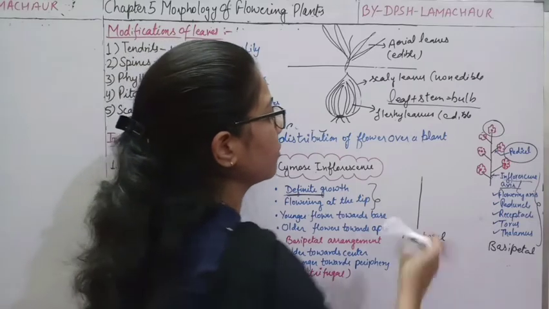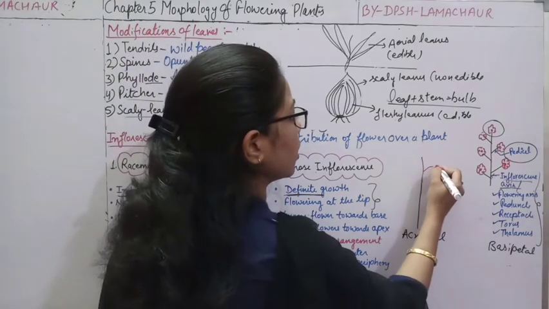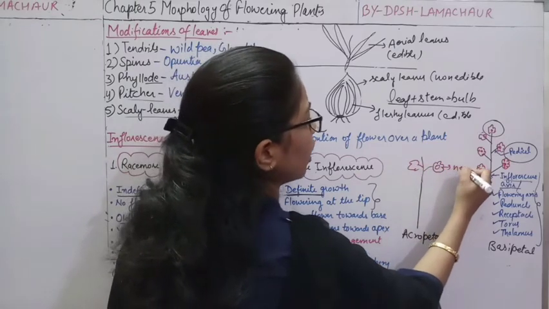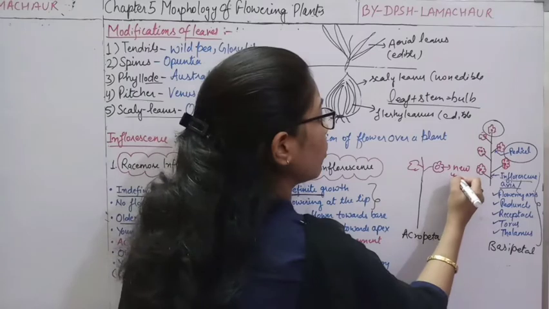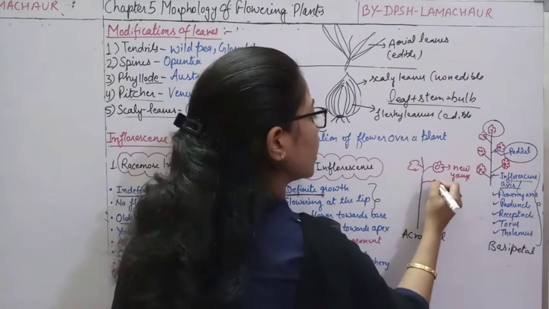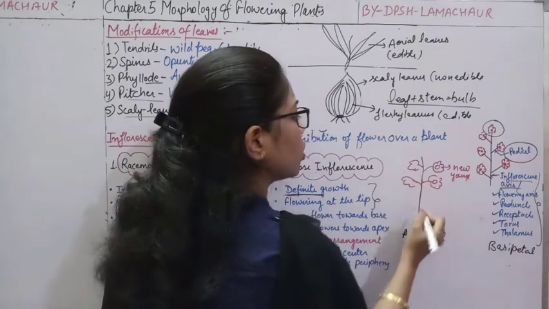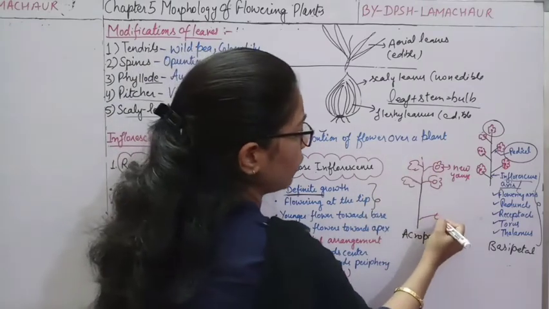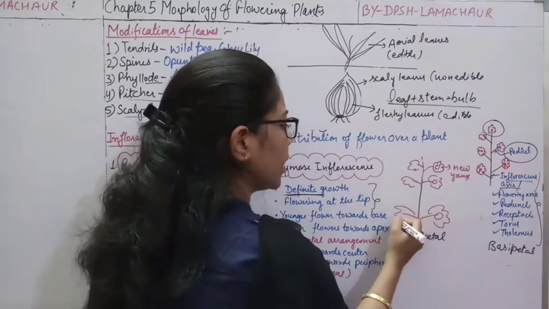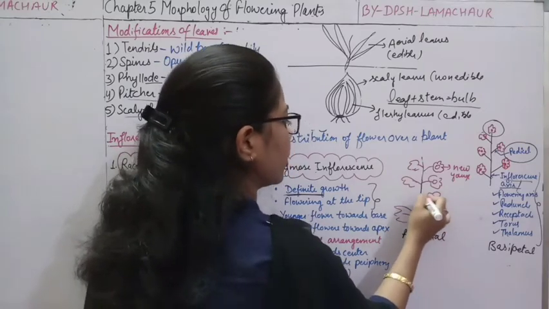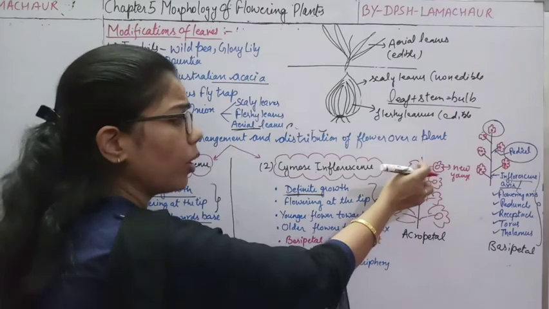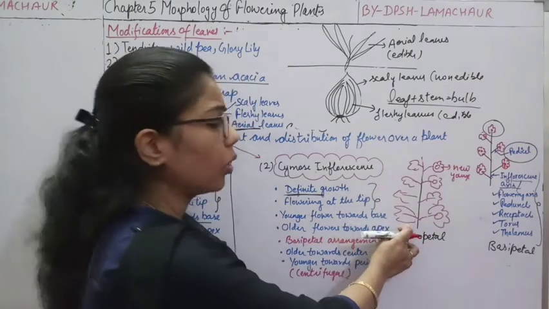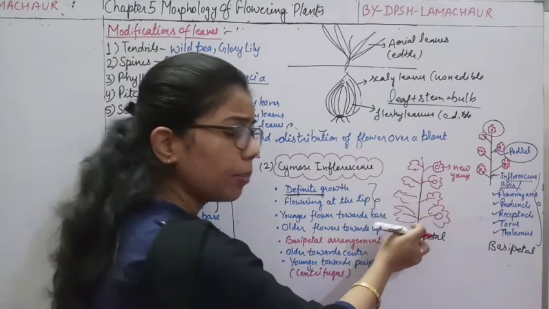If it is a flower here, so this flower is what? This flower is a new flower, or we can say younger flower. So all the new flowers will be at the top position, and all the older flowers at the base position. Are you getting it? It means that smaller flowers which are younger ones are at the top, and the older ones will be at the base position.